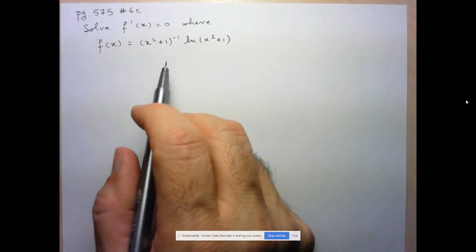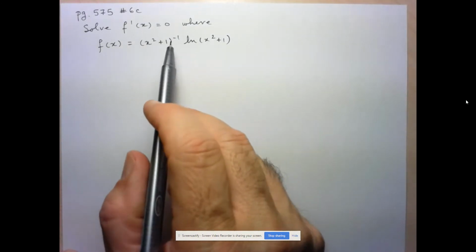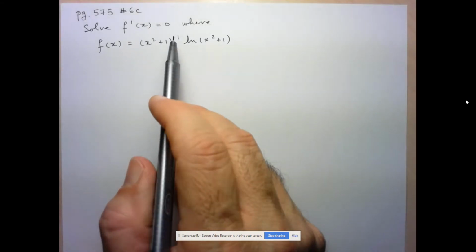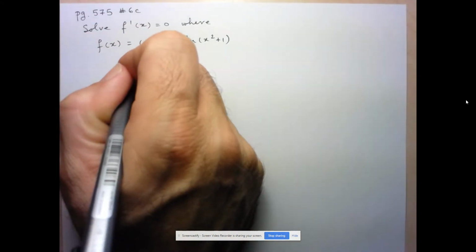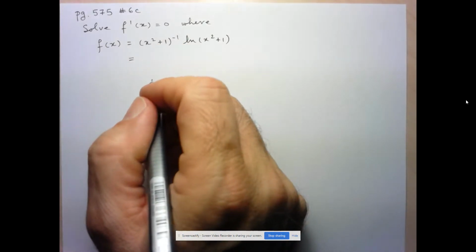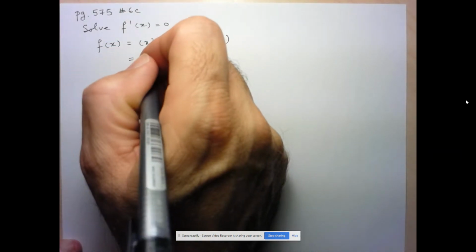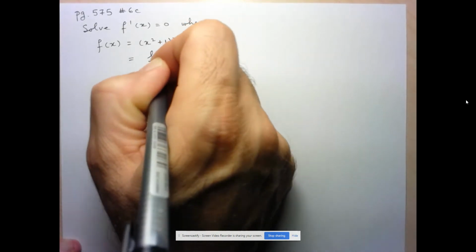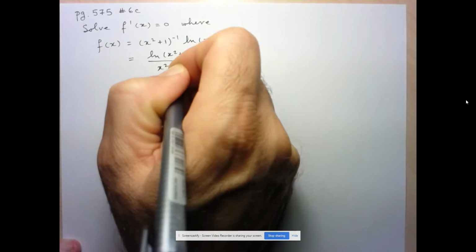Now I notice that they've given this to us as a product with this function to the -1, but it'll be much simpler to evaluate the derivative and then to simplify if we write it in quotient form. Okay, so I'm going to rewrite this as ln of x squared plus 1 all over x squared plus 1.